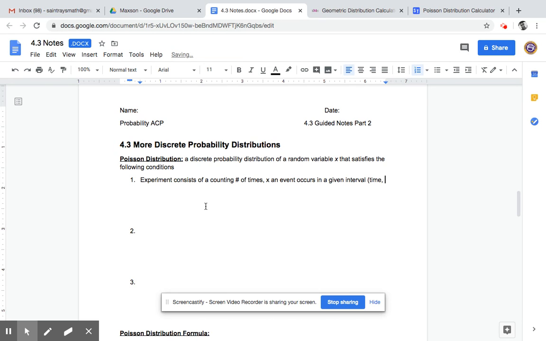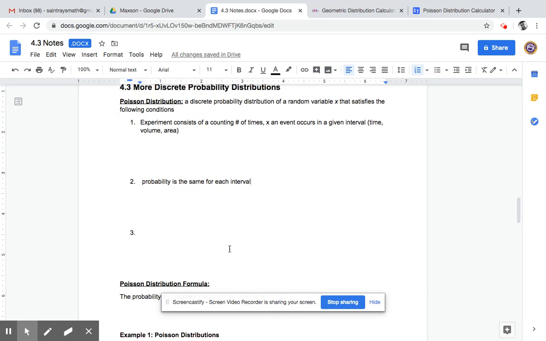So time, volume, area, those are all different kinds of experiments that would go along with the Poisson distribution. The second condition is that the probability is the same for each interval.